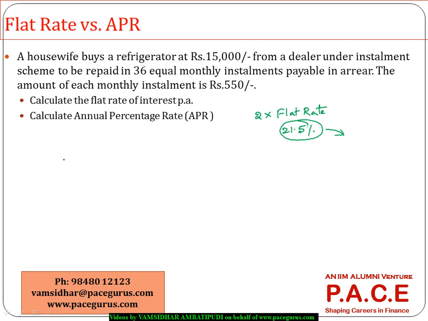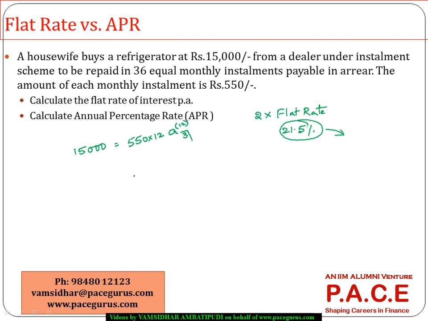But how do I simply calculate it? I can simply take it as 15,000 is equal to 36 monthly installments, and so I can take 550 per installment, so 550 into 12. So this is the amount that is paid per year, and from here I can take the annuity A3 but on a monthly basis.